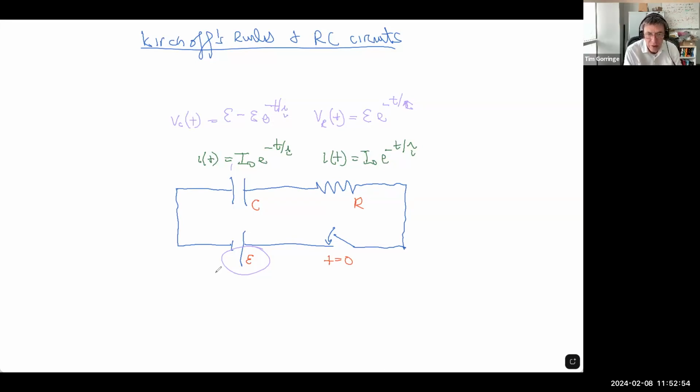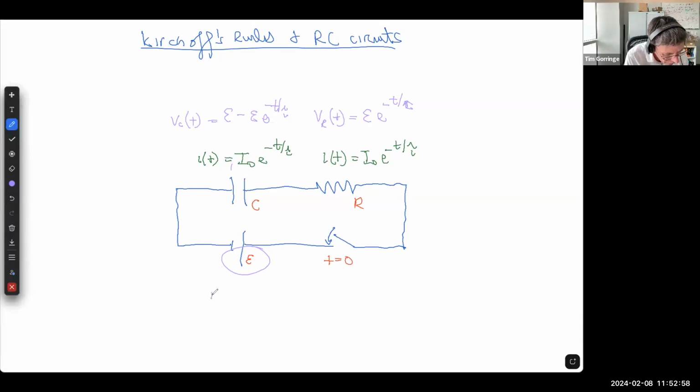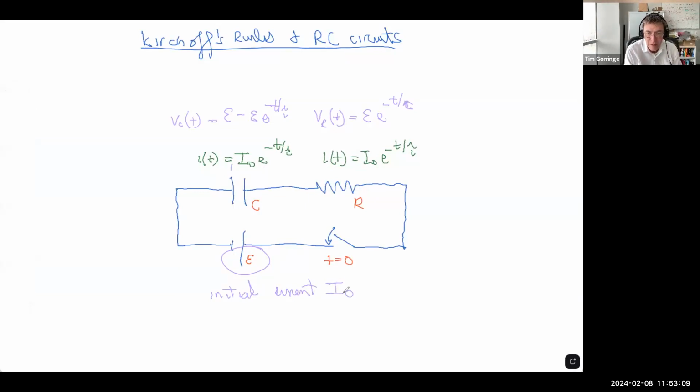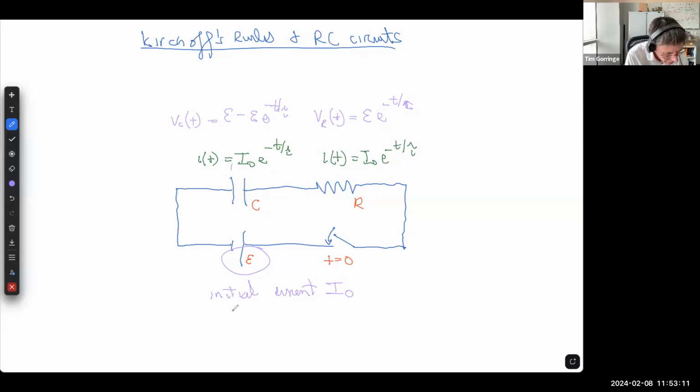One last thing I wanted to note is that in this circuit, we have an initial current, which we called I0, and we have a final charge on the capacitor, which we might call Q0.